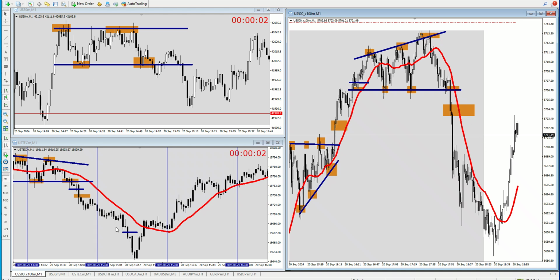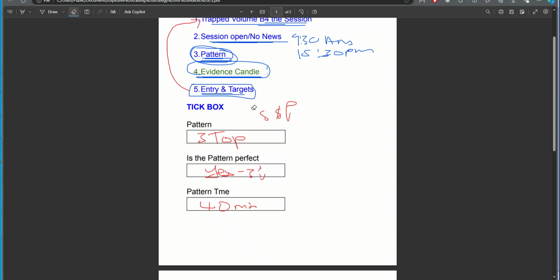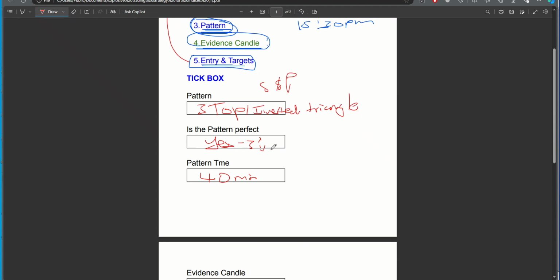You see, so was this pattern perfect? Yes, it had more than 3 touches. Okay, you can still put it as a triple top, or else you can put it as an inverted triangle. Okay, is the pattern perfect? Yes.